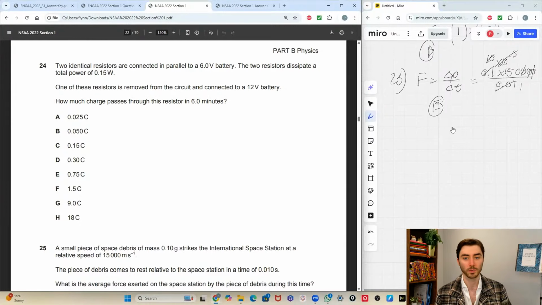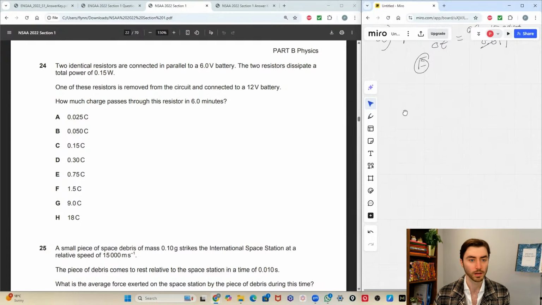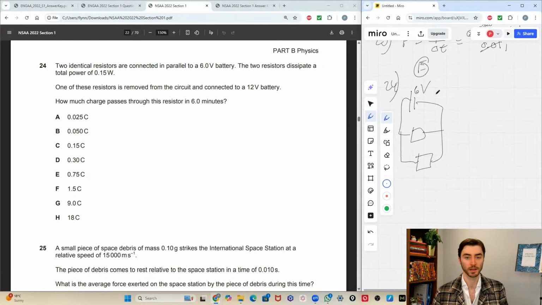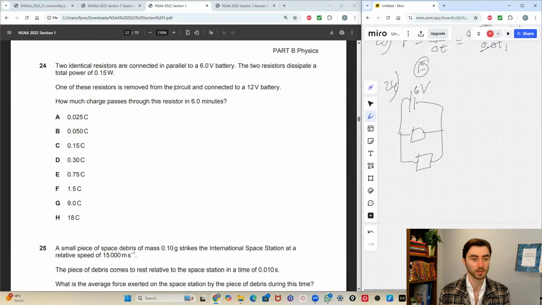Okay. Two identical resistors are connected in parallel to a 6-volt battery. 24. The two resistors dissipate a total power. One of these resistors, so each one is half of that. One of the resistors is removed from the circuit and connected to 12. So that is 6 volts.